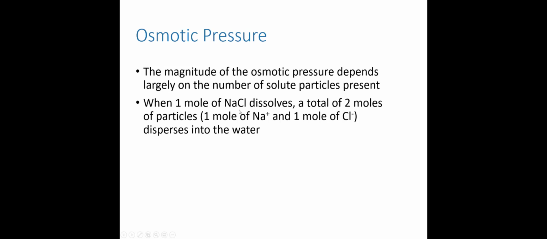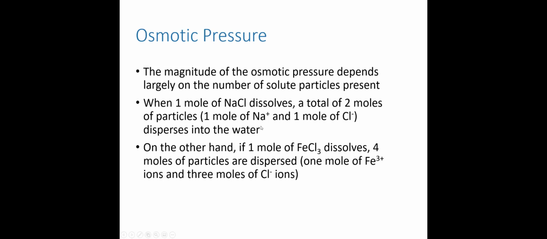Sodium chloride is a soluble ionic compound. It's a strong electrolyte, so it completely dissociates into ions. So that 1 mole of sodium chloride gives you 1 mole of sodium ions and 1 mole of chloride ions. So if this were in a liter, this wouldn't be a 1 molar solution. It would actually be a 2 molar solution from the perspective of ions, how many ions there are.